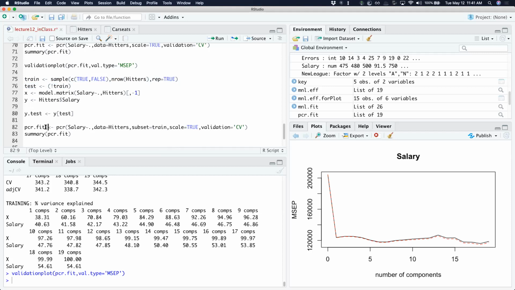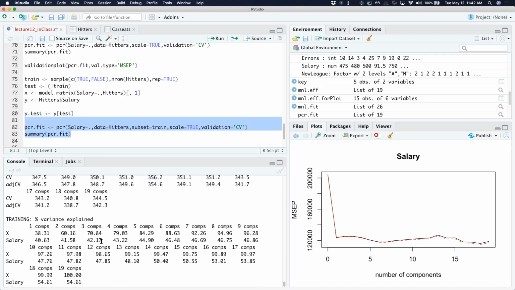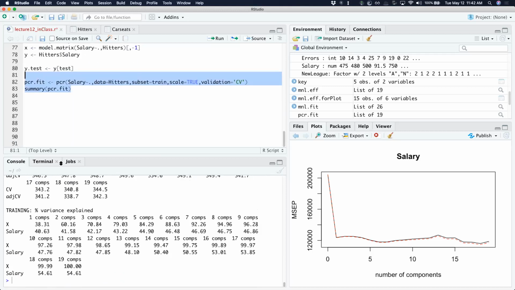And I'm going to rerun the model of salary on everything else using the hitters data set, but now I'm going to subset on the training data and do the validation. So this is essentially exactly the same as before, but now my errors are going to be trained on out of sample data. And we can see what that looks like.